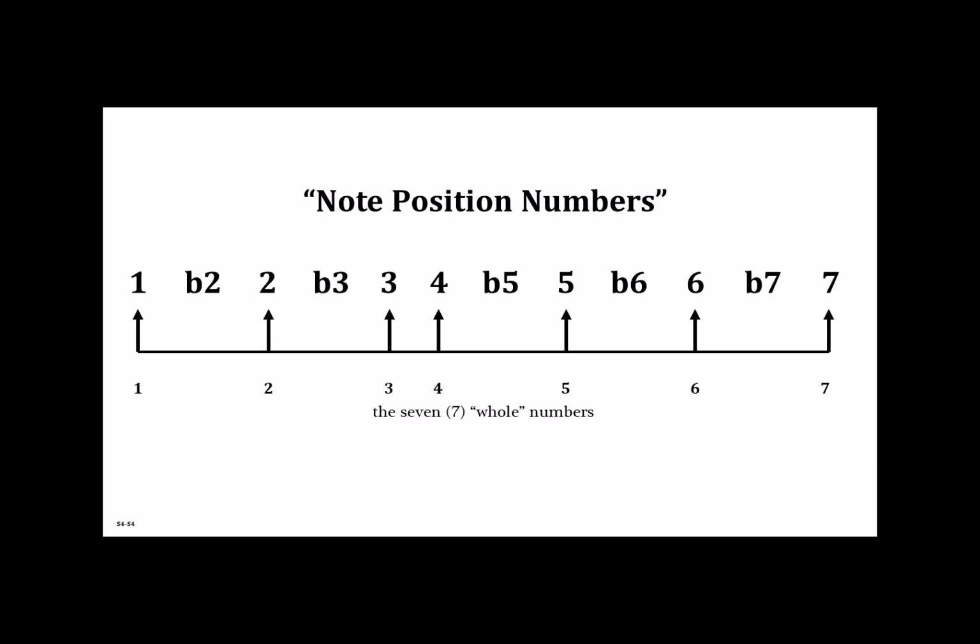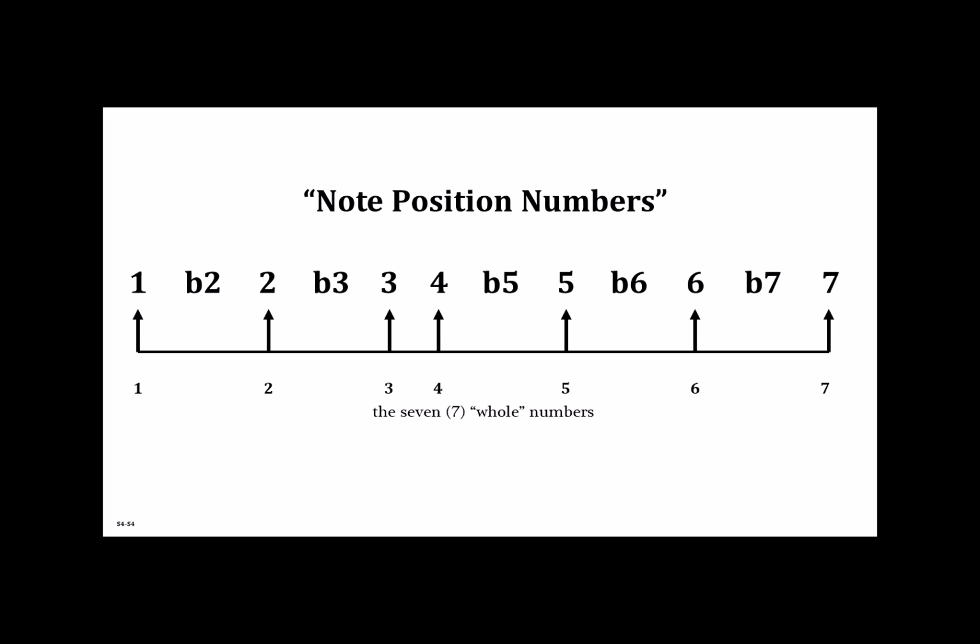As shown here, you can see that 7 of the 12 note position numbers are named with whole numbers. However, I want to point out that many beginning musicians make the erroneous connection that the whole note position numbers are only assigned to white notes. As we will soon see, this is true, but only when using the C chromatic octave.